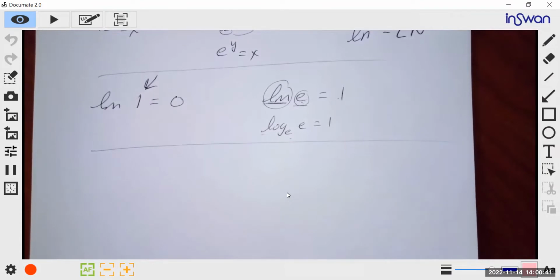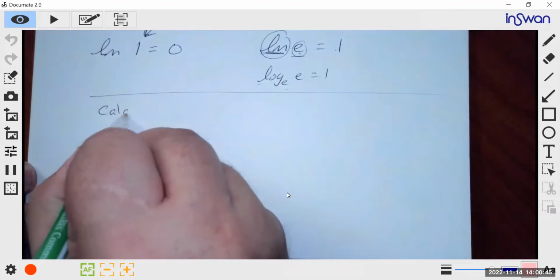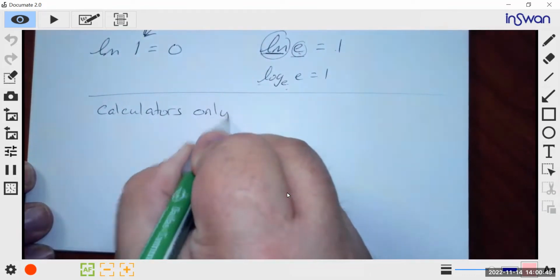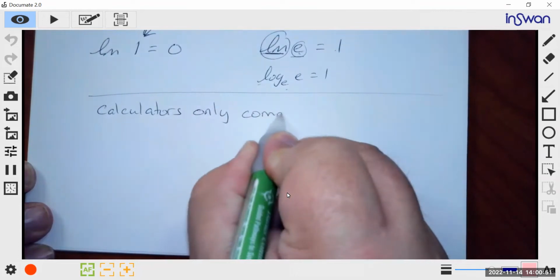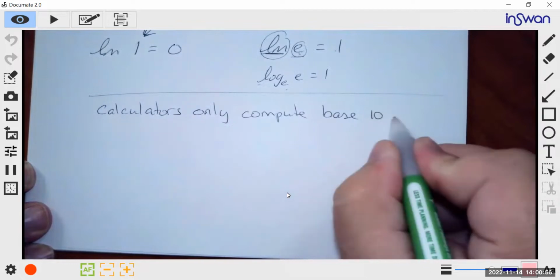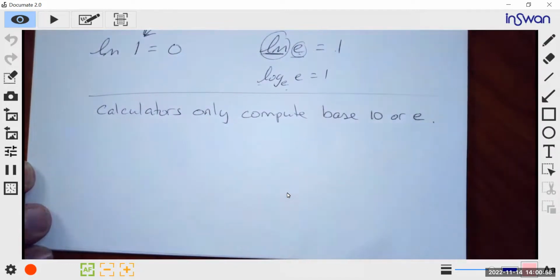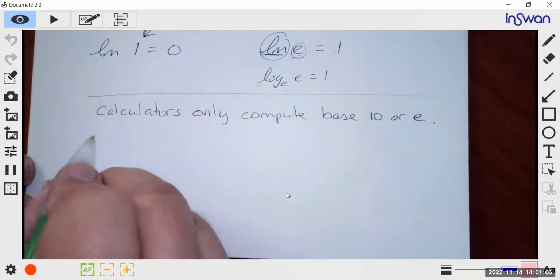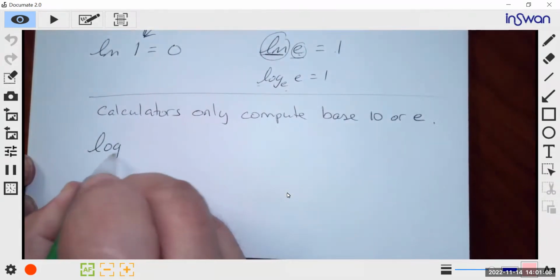The problem with your calculators is they only compute base 10 or base E. Nothing else. So how would we solve for that number?